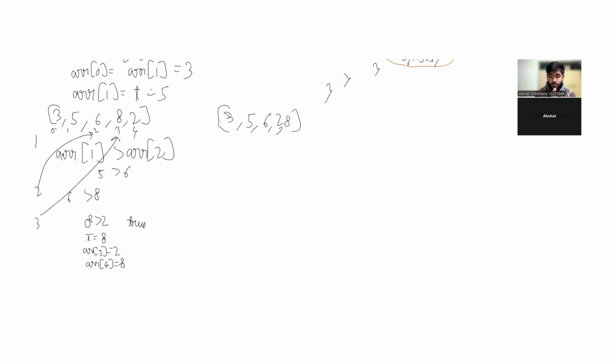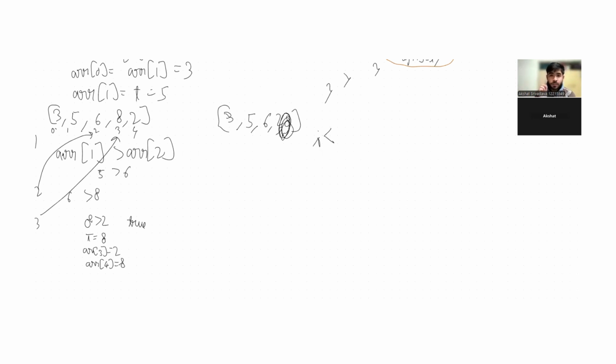Now, since the largest element of the array has reached the end point, we don't need to compare it with any other elements present before it. That is the reason we have the inner loop end limit, j less than n minus 1 minus i.